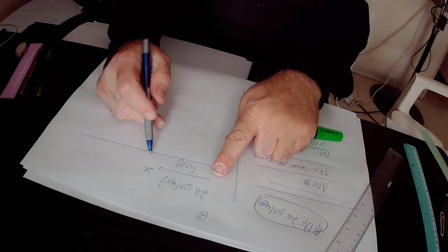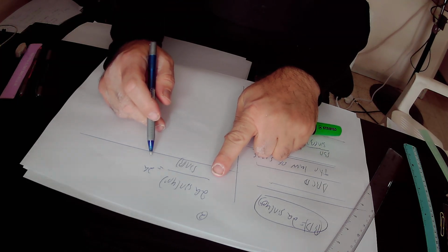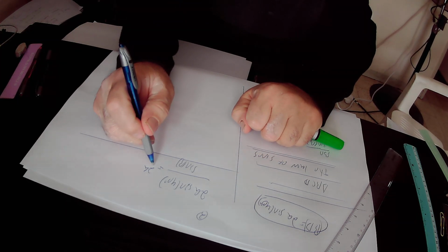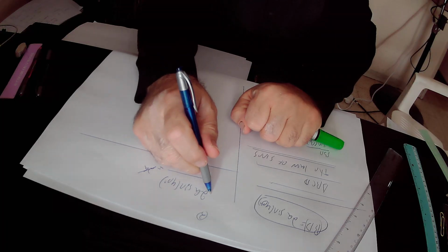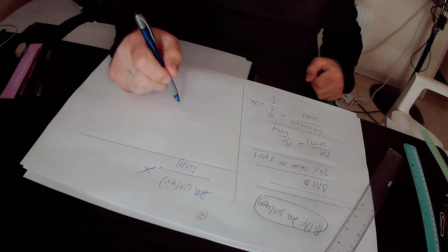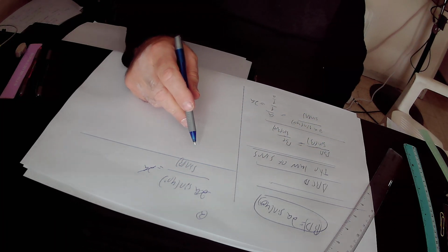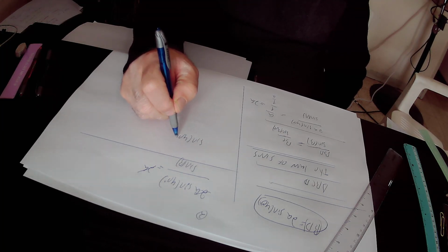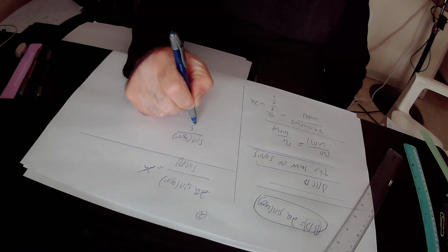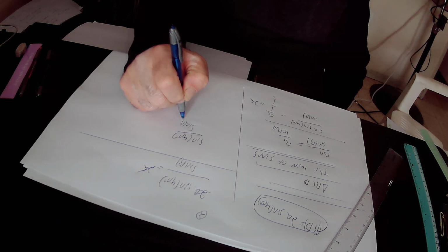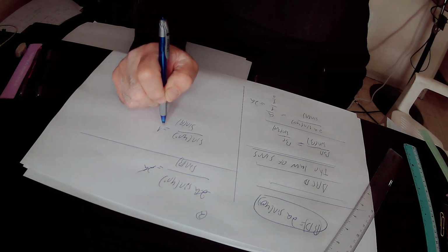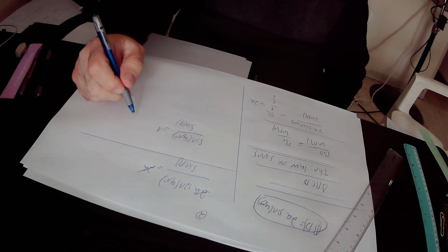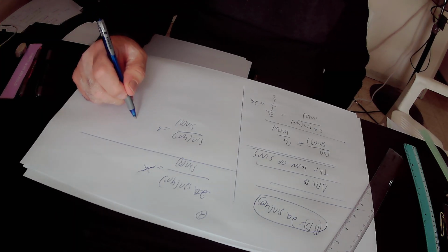Here we have 2A on both sides of this equation, so 2A will get cancelled. Once I cancel 2A, this side of the equation we are left only with sine 40 degrees over sine beta equals 1. 2A over 2A is 1. Here we multiply this equation by sine beta.